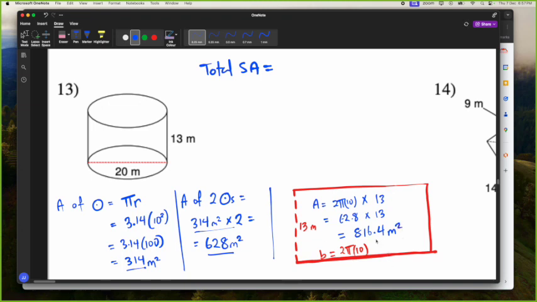So this 816.4 that you gave me, Amir, I could see that you did the surface area of the surrounding rectangle correctly, but you forgot to add the surface areas of the two circles. So the total surface area would be the area of the rectangle plus the area of the two circles.